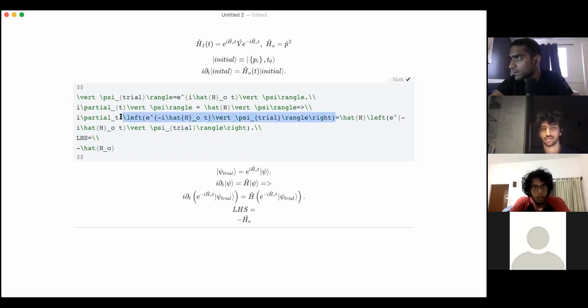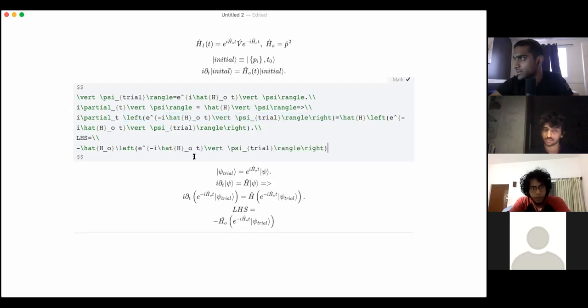Let's track, be careful, and see where this goes. If H naught is, right, this is true. It doesn't matter because H naught and e power minus i H naught t commute, otherwise I'd have to be a little bit more careful.